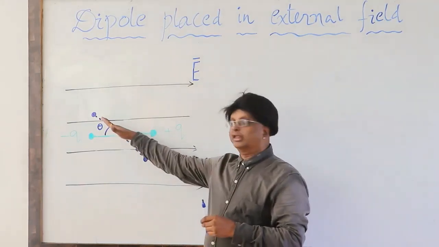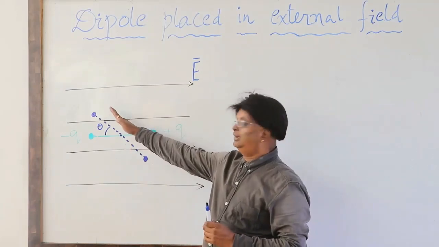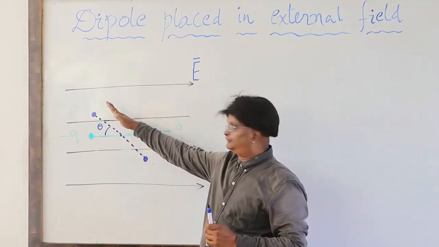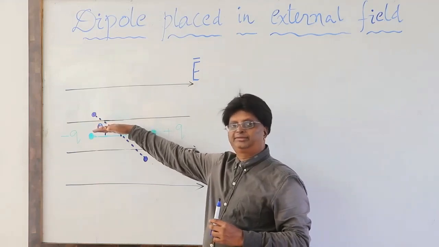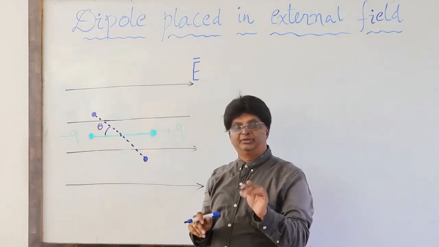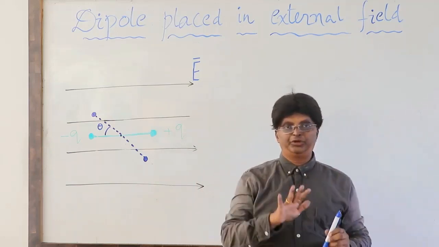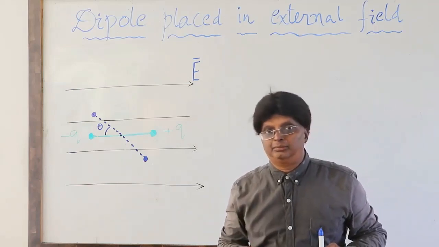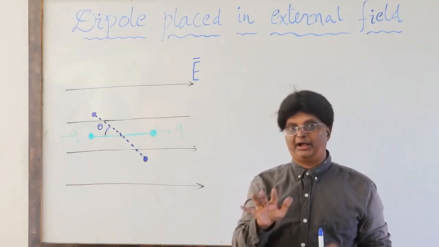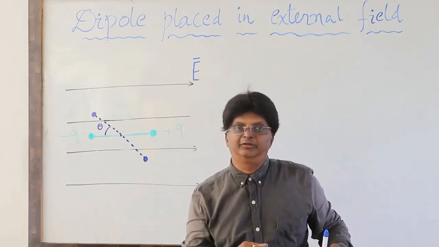When we release it at this position, because of the torque it has the tendency to align in the direction of E. Therefore, gradually from theta degrees it will come to 0 degrees. As soon as it comes to theta equal to 0 degrees, no doubt torque becomes 0, but it does not stop at once, and this is the property of inertia that we studied in our first PU.